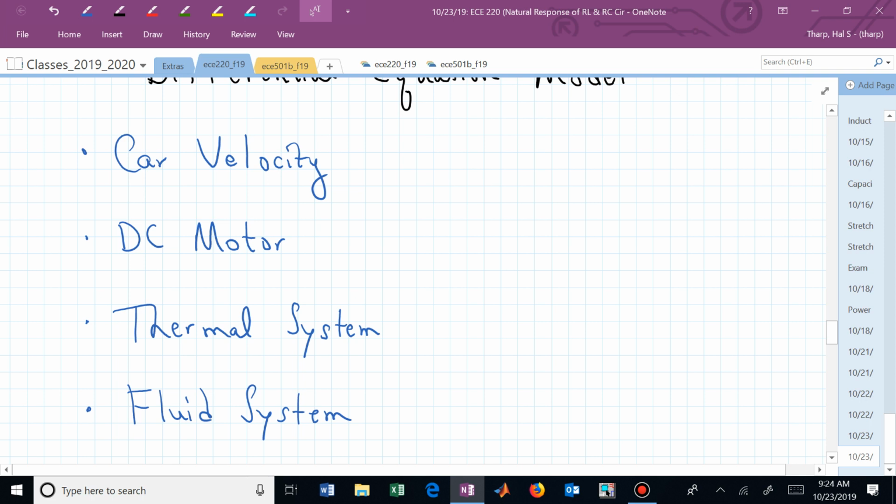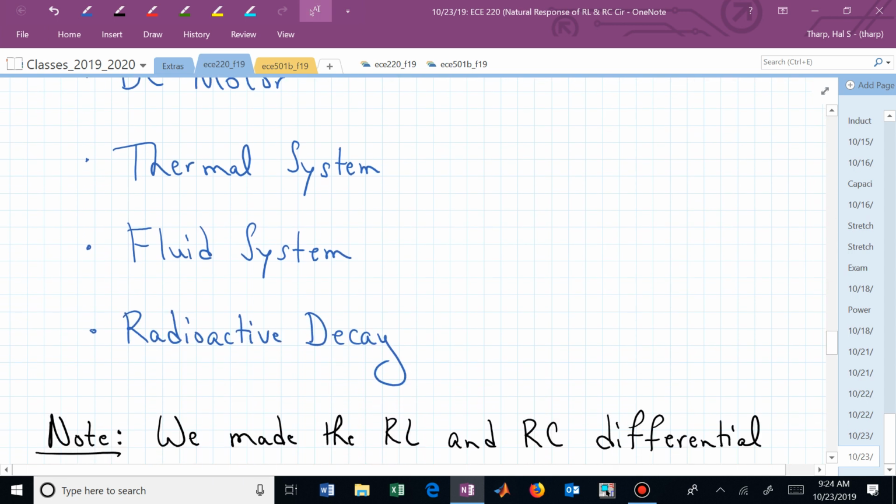Obviously now you need what? One energy storage element and only one. A fluid system, radioactive decay, all of those can be modeled with a first order differential equation. So don't just think that this stuff that we're talking about today is only applicable to circuits.